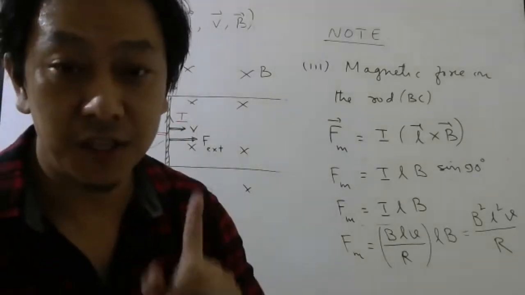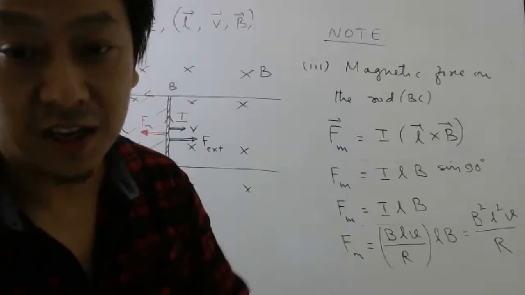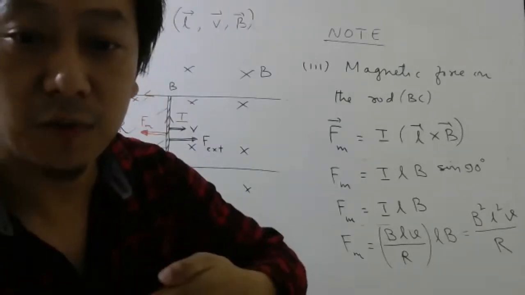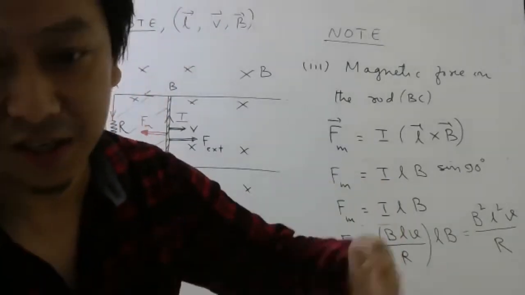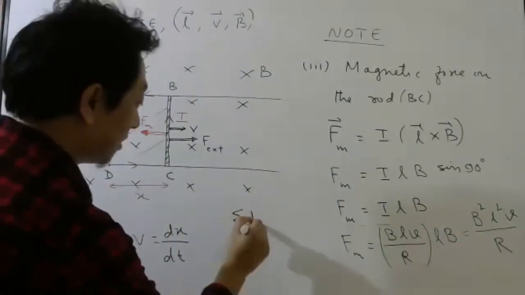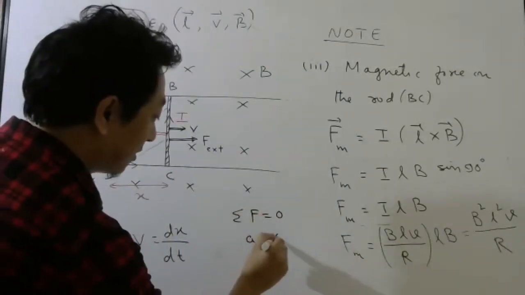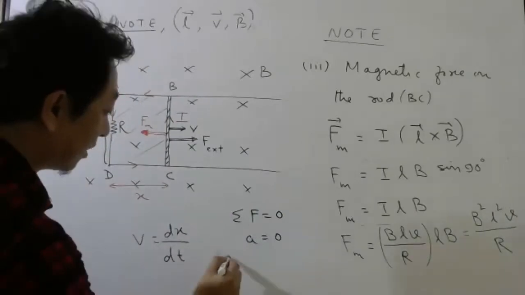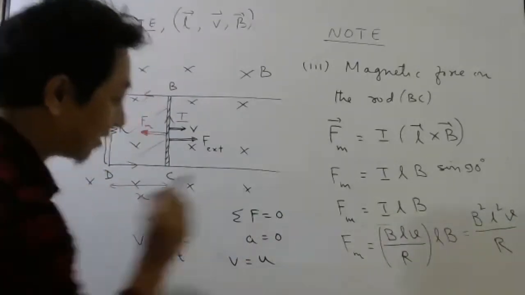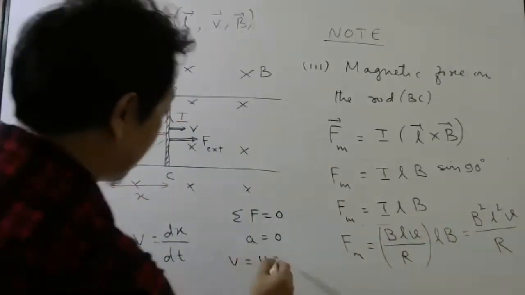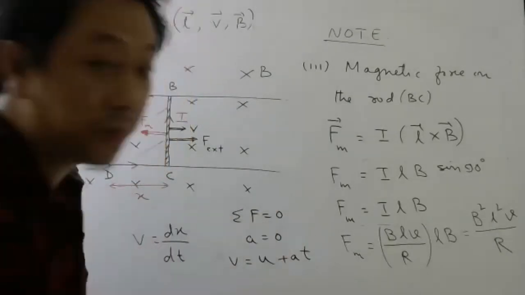And if net force is 0, what did Newton's first law say? If net force is 0, the body will continue with constant velocity. Right? If net force is 0, acceleration will be 0. If acceleration is 0, final velocity should be same as initial velocity, because final velocity is initial velocity plus at.